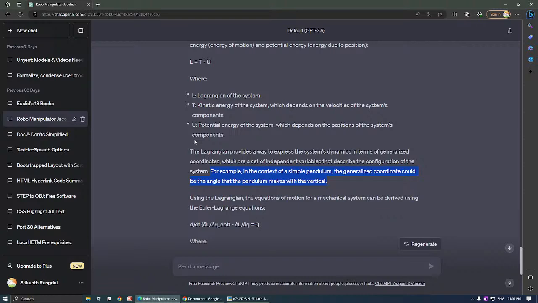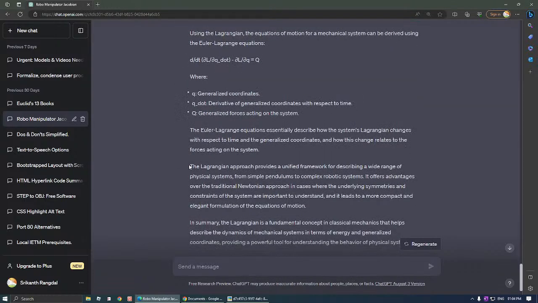Q being the generalized coordinate, so dL by d theta and dL by d theta dot. Is it del q is q dot? Is q dot is del square q? Well, something. Yeah, see, this is where it just goes out of my understanding.